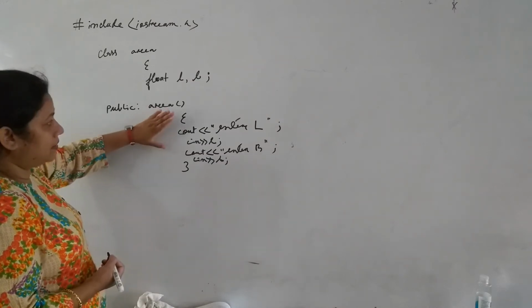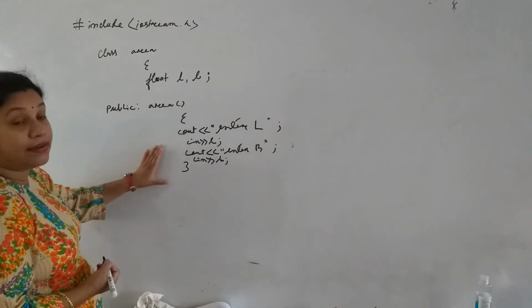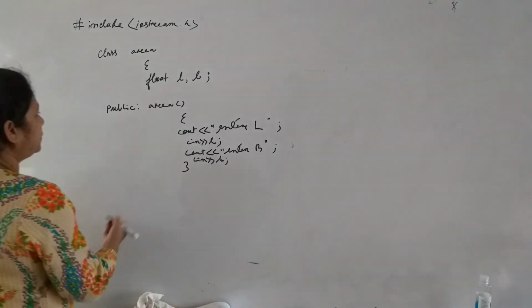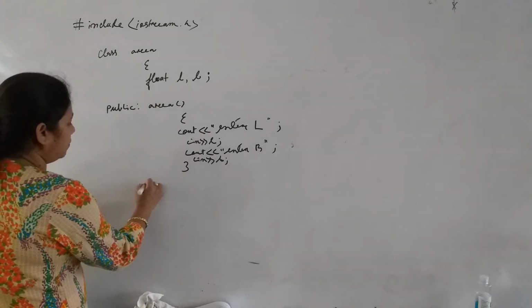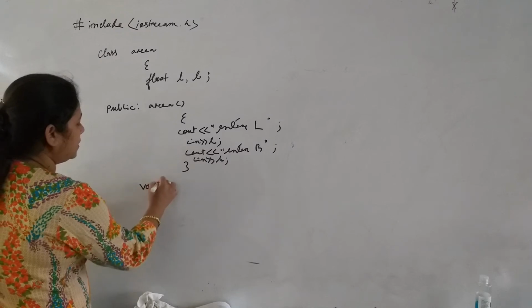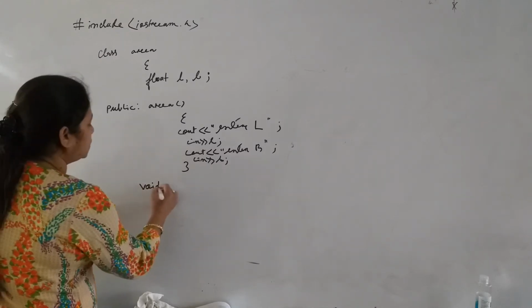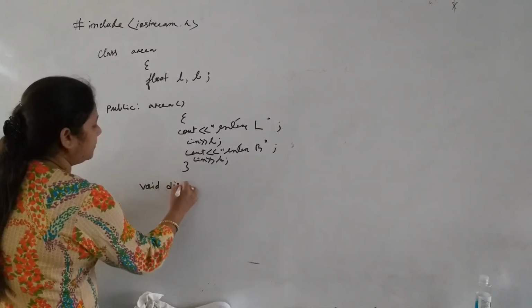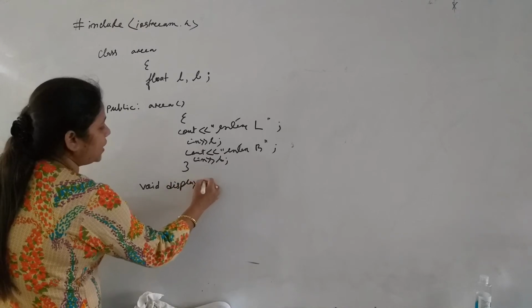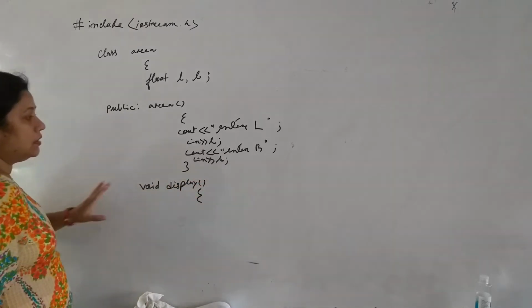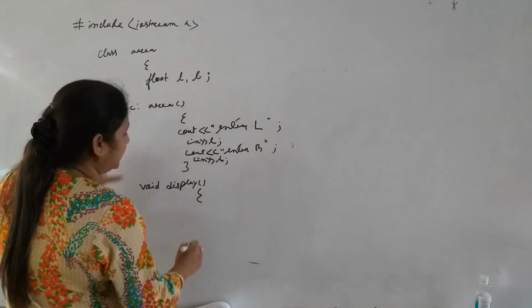I declare the constructor function along with the definition. Now I am going to declare one more member function to display the result. Suppose void display is a function that is going to display the result, that is the area of a rectangle.